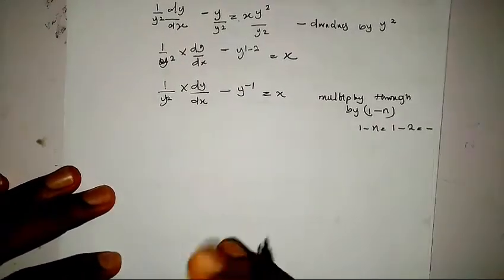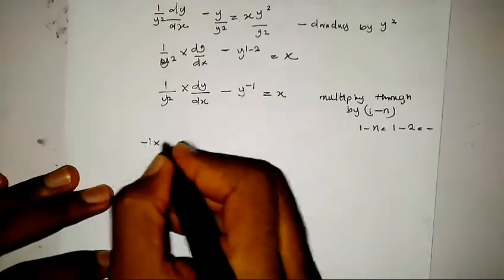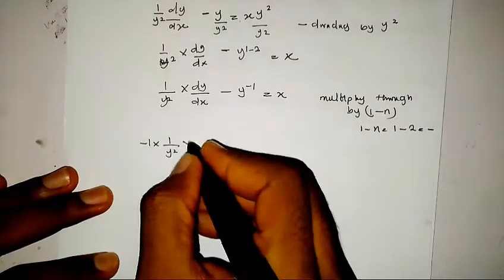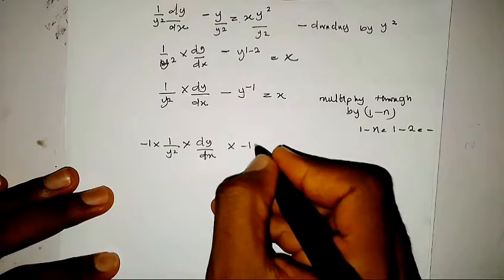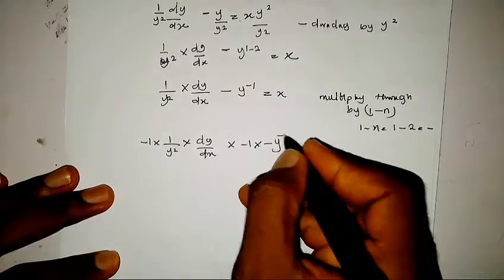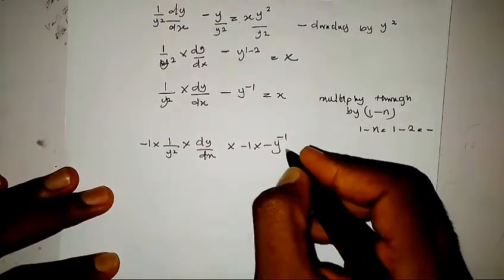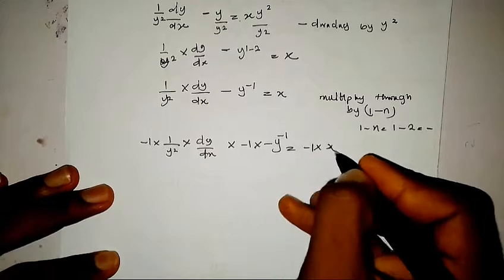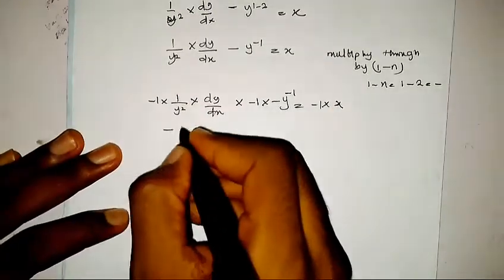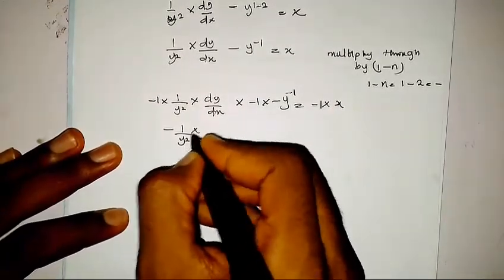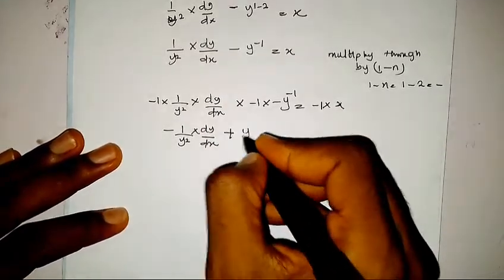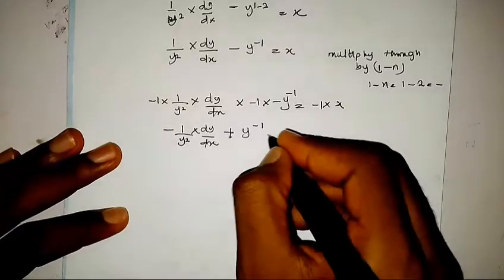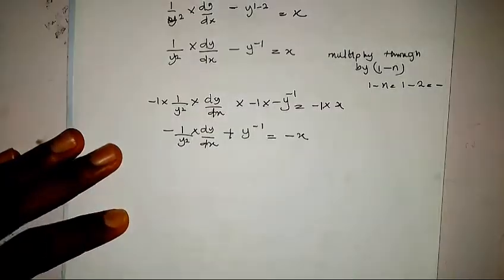So multiplying through by minus 1, we have minus 1 times 1 over y squared times dy/dx, times minus y raised to power minus 1, equals minus 1 times x, which gives me minus 1 over y squared times dy/dx plus y raised to power minus 1 equals minus x.